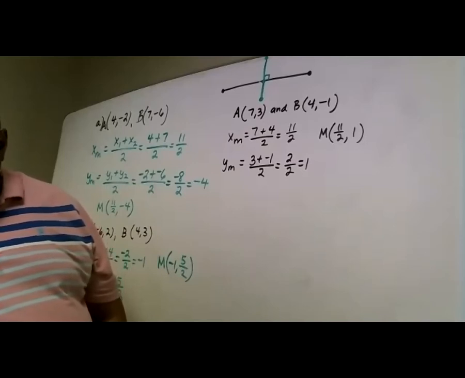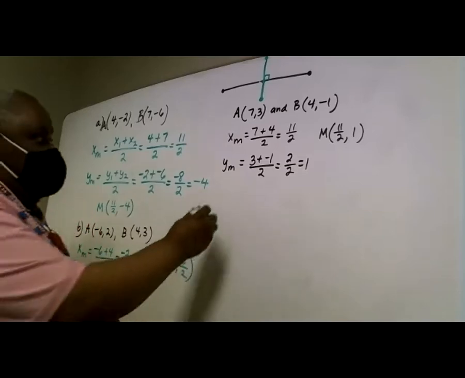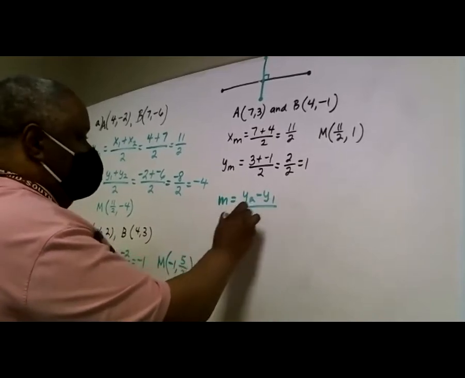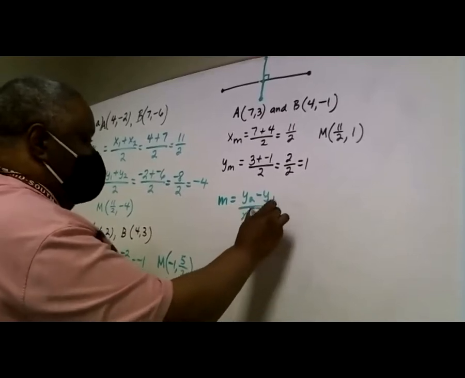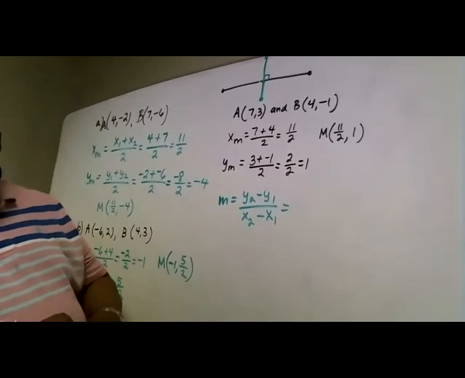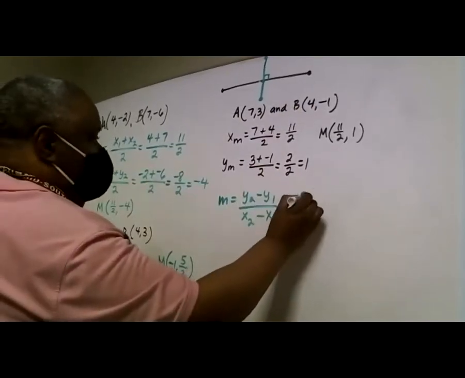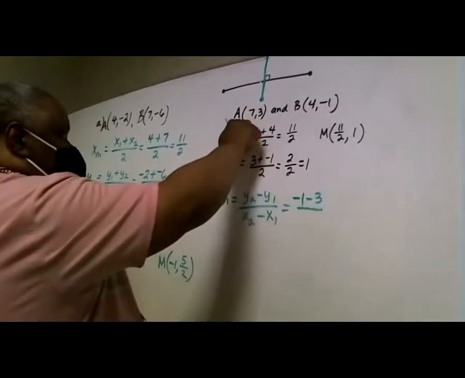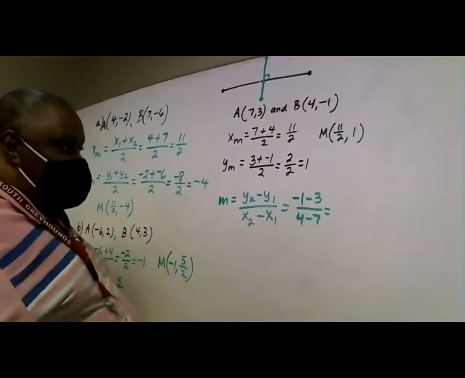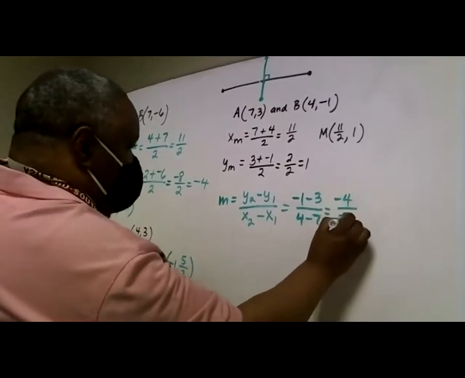Now, if we're going to find the equation of the line, we also need to find the slope. Here's how we find the slope: y2 minus y1 divided by x2 minus x1. y2 minus y1 is -1 minus 3, divided by x2 minus x1, 4 minus 7. -1 minus 3 is -4, and 4 minus 7 is -3.